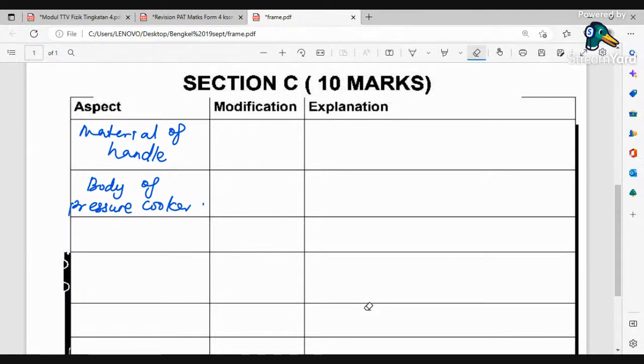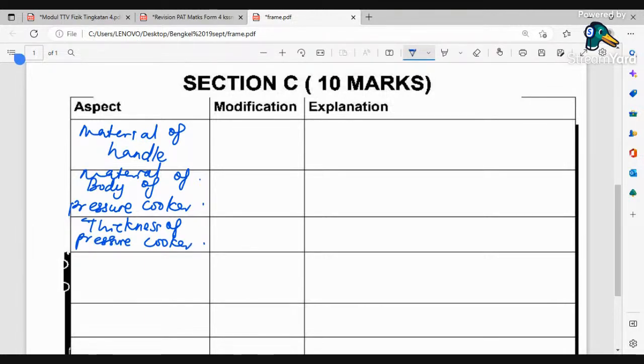Let's say first is material. Second, you can put thickness of pressure cooker. The body can be written like this.